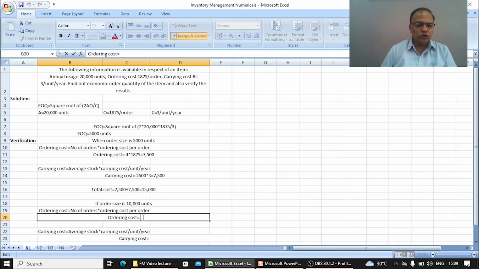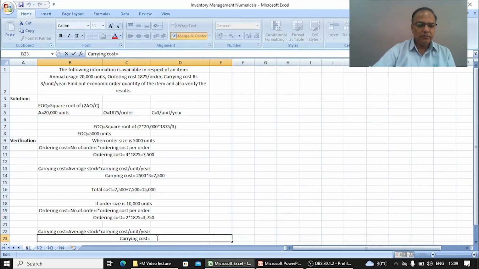Here, because you are giving an order of 10,000 units, number of orders is 2 and ordering cost per order is 1875. It is 3750. And here you have to find out carrying cost.